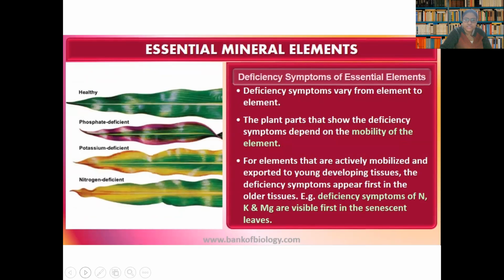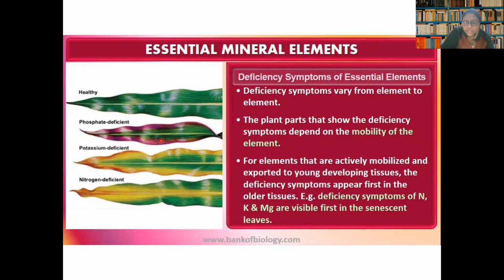Now, these deficiency symptoms, as we discussed yesterday, can be demarcated by the shape of the leaf, or the color of the leaf, or the pattern marked in case of the leaf. Actually, how fast the deficiency symptoms of an element will be visible depends on the mobility of the element.